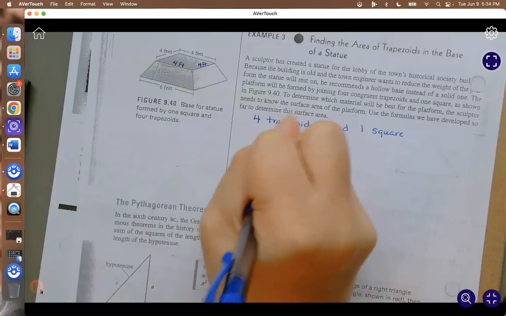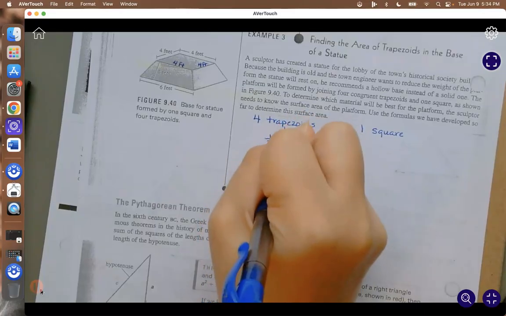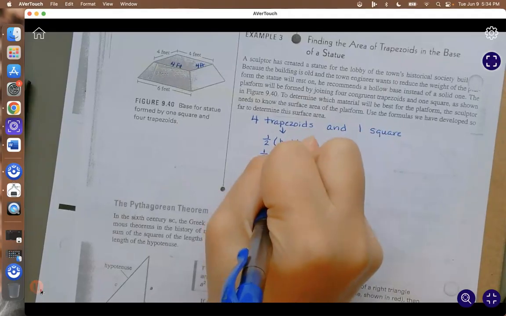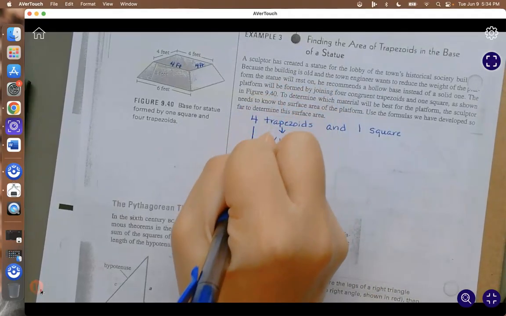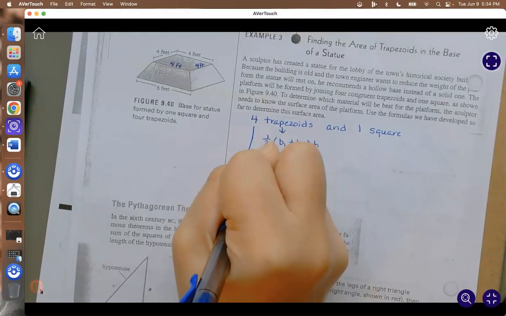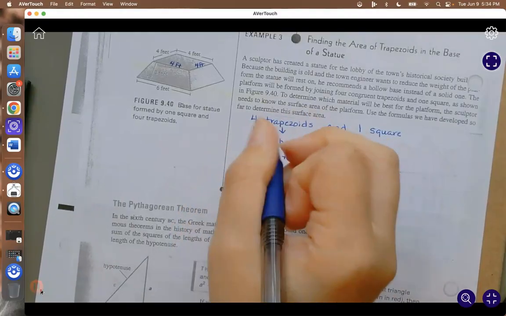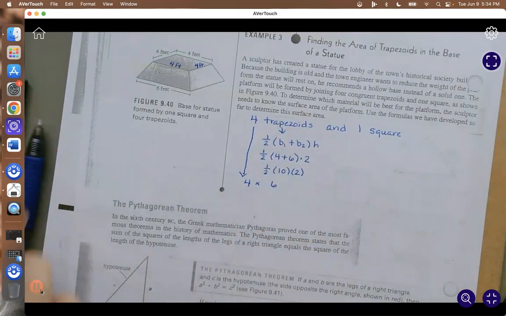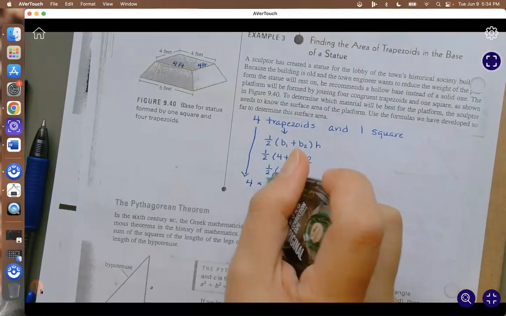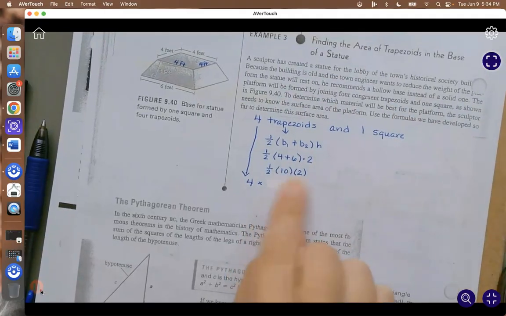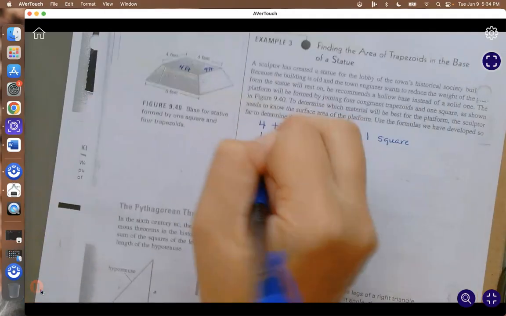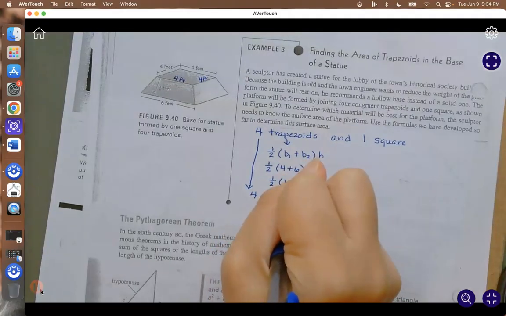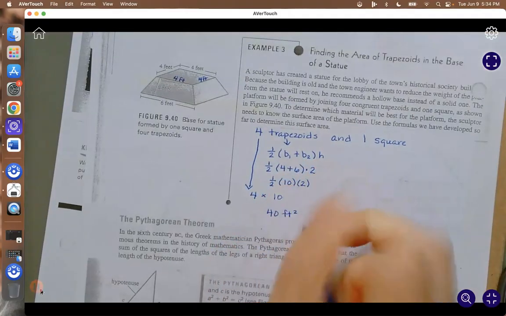Okay, so 1/2 of 10 times 2. When I multiply all that together, I get 10. But remember, there are 4 of those. 4 times 10 is 40. So this is 40 square feet of trapezoids.